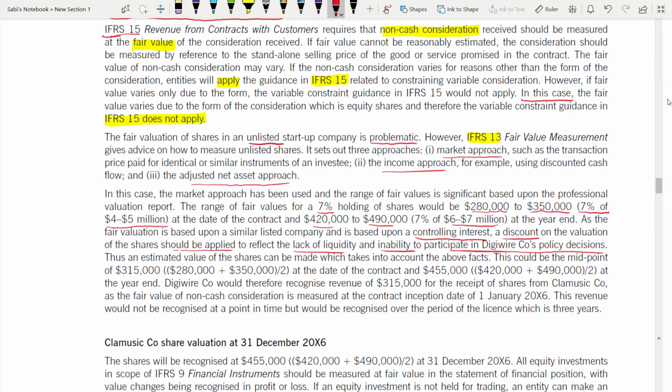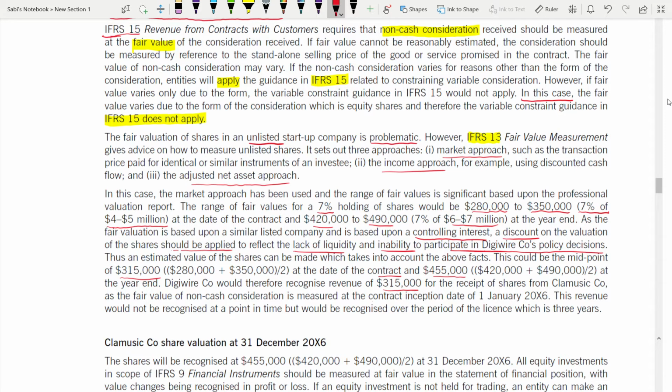280 plus 350 divided by 2. Just add the lower and the upper amount and divide it by 2. 315,000 at the date of the contract, and at the year end 420 plus 490 divided by 2, it is this at the year end. DG buyer would therefore recognize a revenue of what? 315,000 for the receipt of shares from Classimac as the fair value of the non-cash consideration measured at the contract inception date.